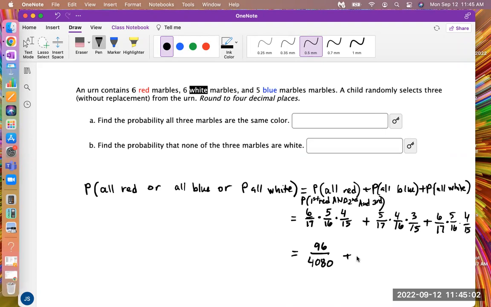Then 5 times 4 times 3 is 60, and this is still 17 times 16 times 15, which is going to be 4,080. And this is 6 times 5 times 4, which is the same as the first one, so that's 96. And then 4,080.